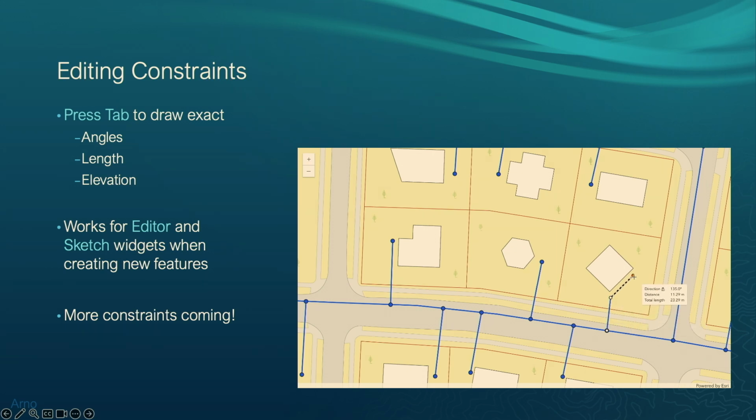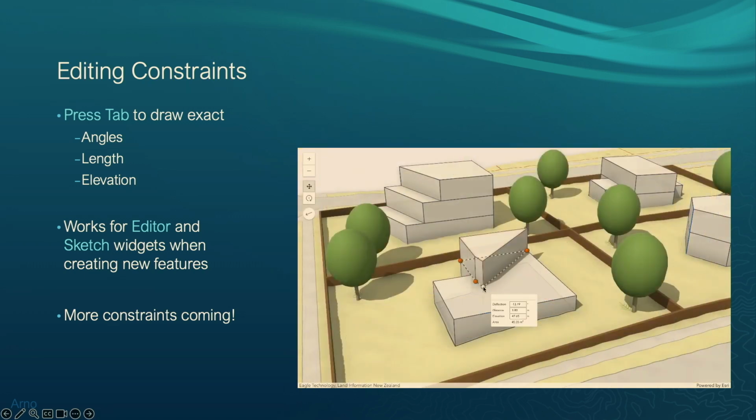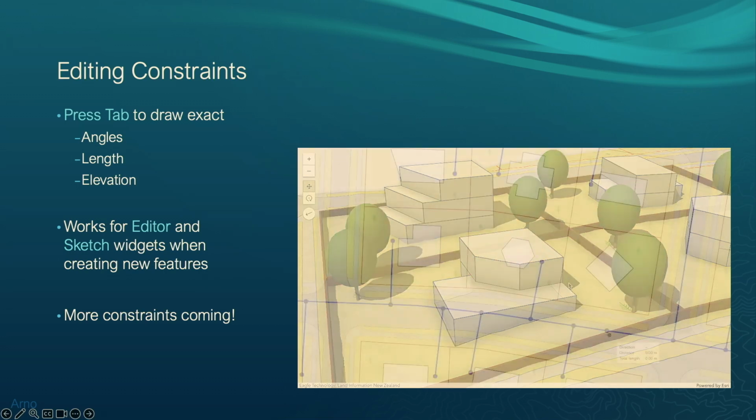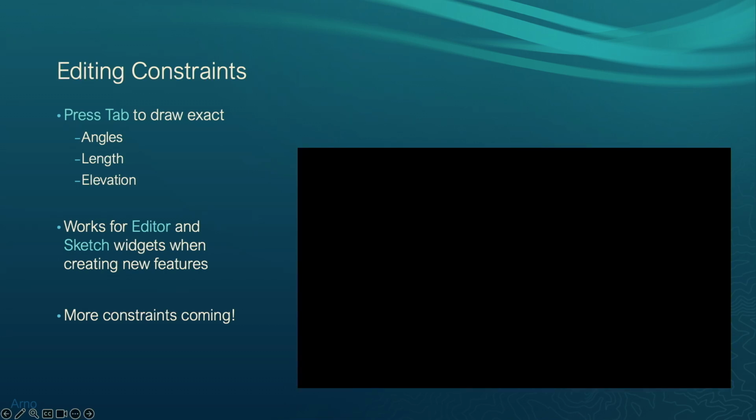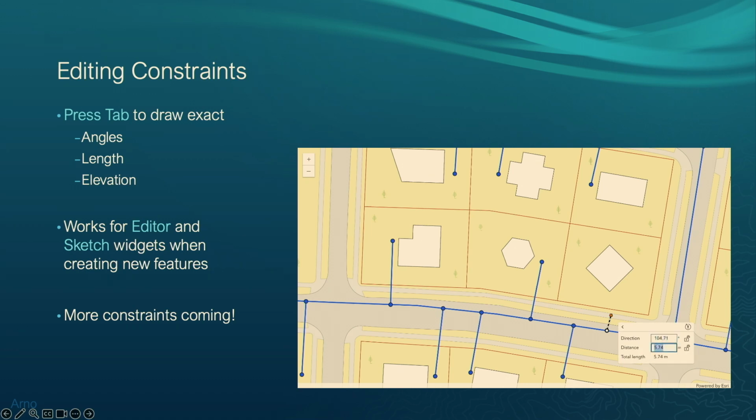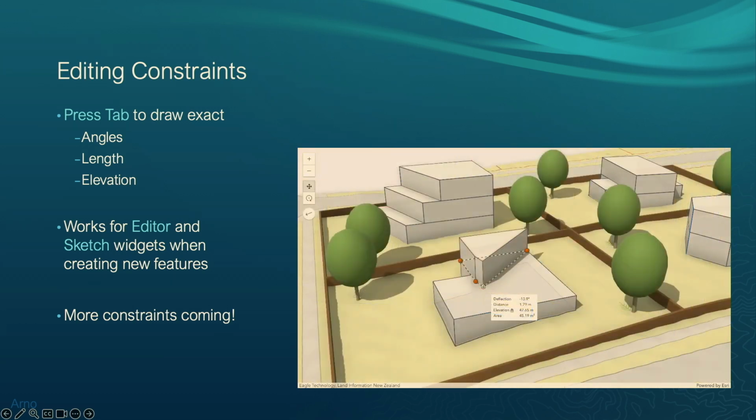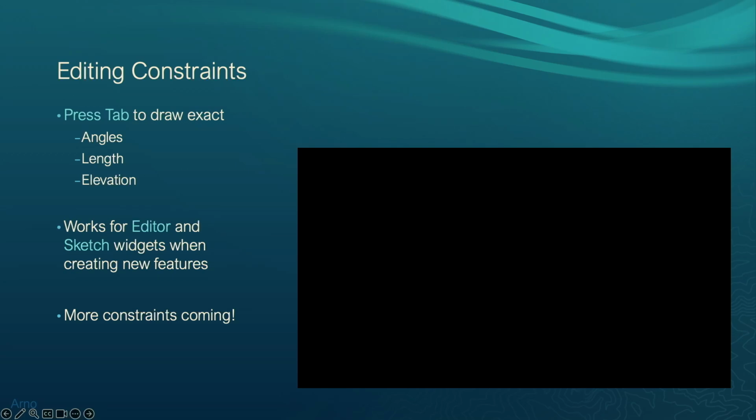Yeah, it really being able to draw features in a map or in a 3D web scene by adding editing constraints. And that means that when you create features, you can define how long a certain line is, what angle it has, or also in 3D you can determine at which elevation a vertex is drawn.